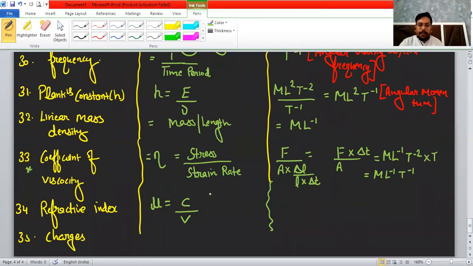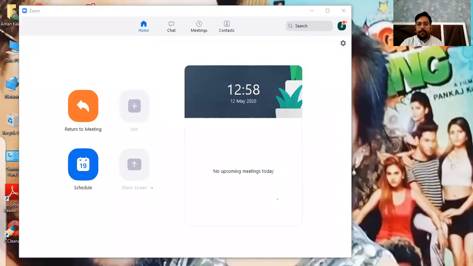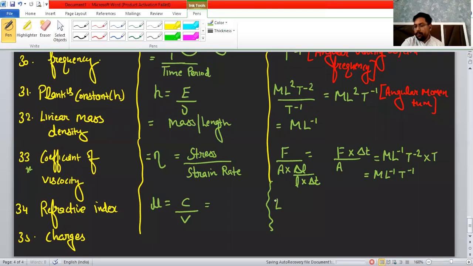As both represent speed, and speed has dimensions LT^-1, therefore we can write it as LT^-1 by LT^-1, we get L^0 T^0. This is the answer, L^0 T^0.